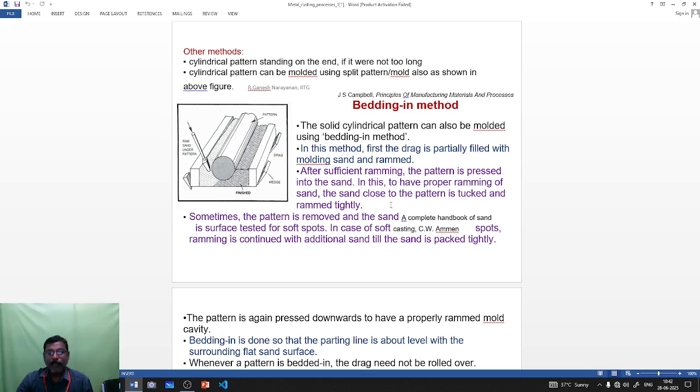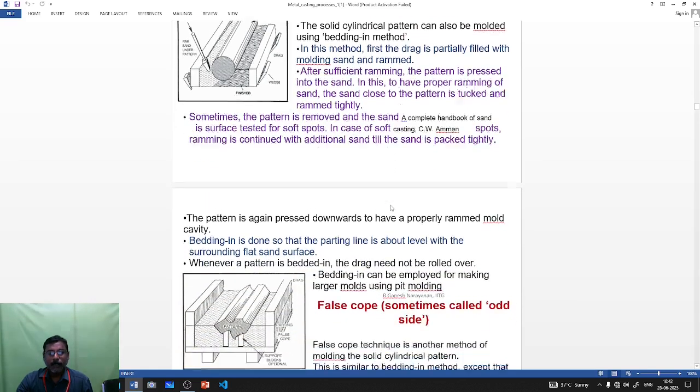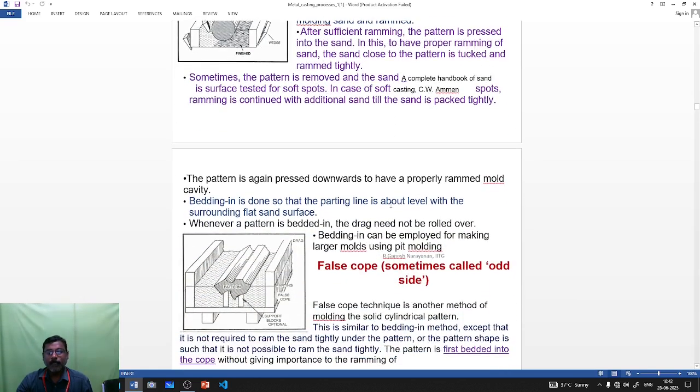Sometimes the pattern is removed and the sand surface is tested for soft spots. In case of soft spots, ramming is continued with additional sand till the sand is packed tightly. The pattern is again pressed down to have a properly rammed mold cavity.